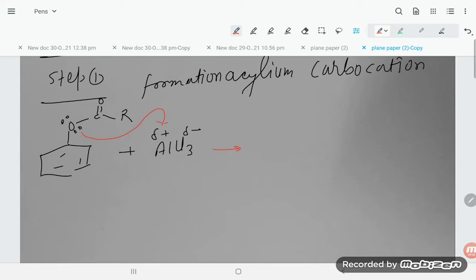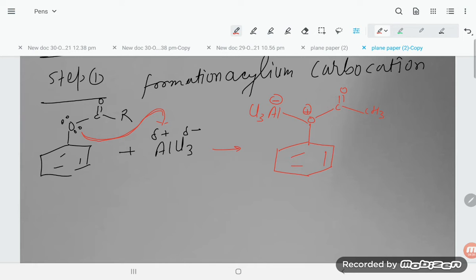The intermediate is O with AlCl3. Since electrons are going here, it will require a negative charge, and from oxygen the electron pair is going, so oxygen will require a positive charge, and here C double bond O CH3 is already there.